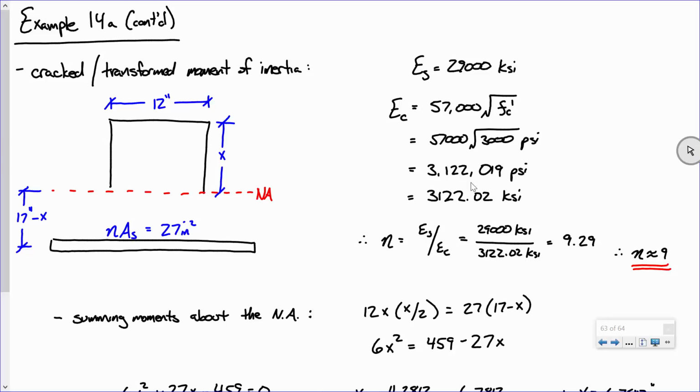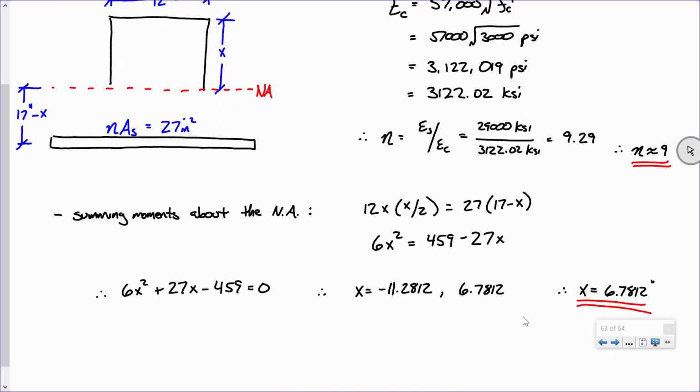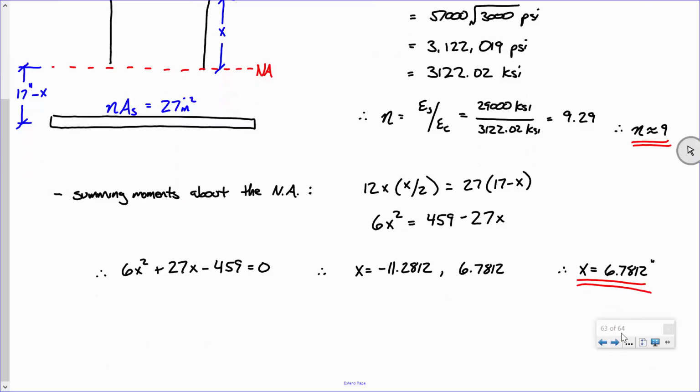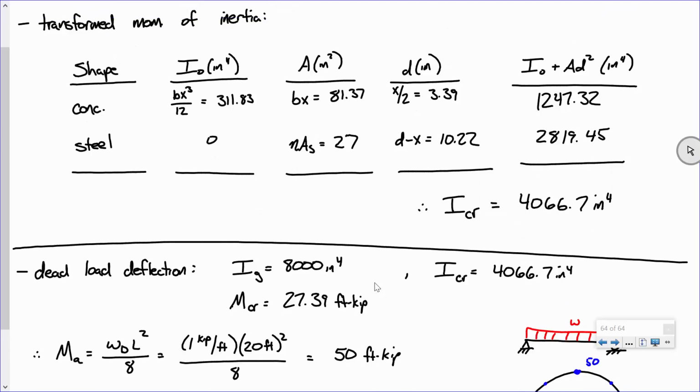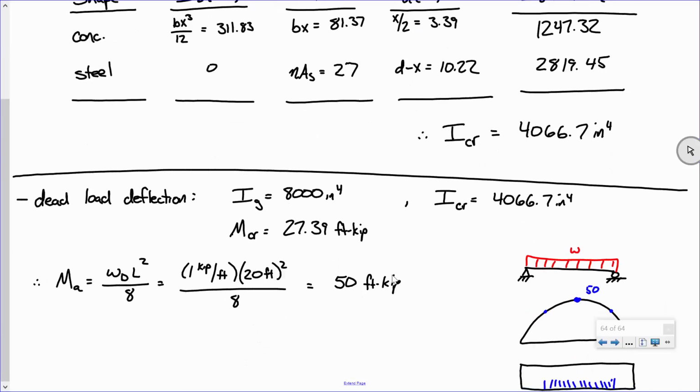You take the area of steel and transform it into an effective lump of concrete by multiplying by n, the modular ratio. Remember, n's just your ratio of Es and the modulus of elasticity of your concrete. And then it's just summing moments about the neutral axis. Went through and did all that, solved the quadratic, and then some parallel axis theorem to get the cracked moment of inertia. And we stopped right here, I believe.